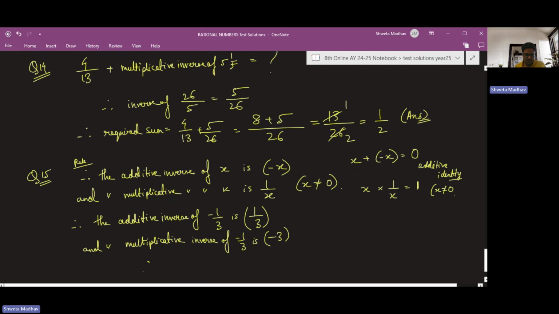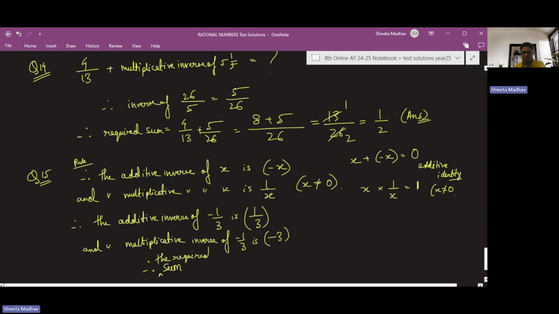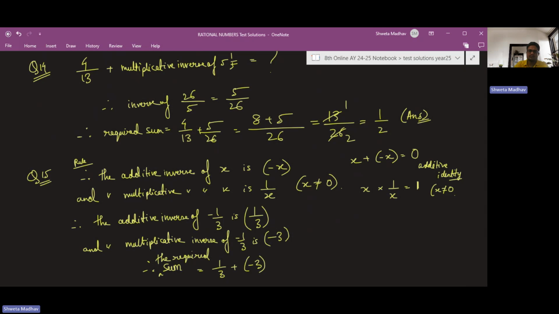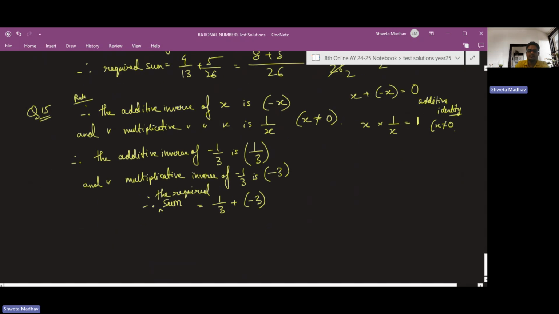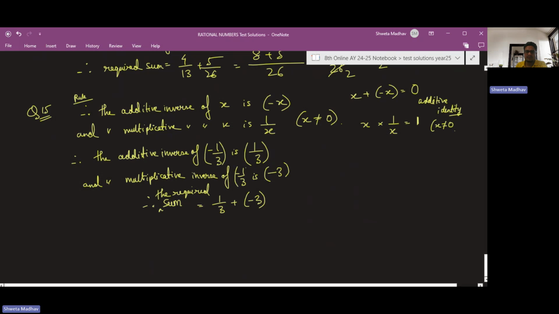Okay, so therefore we need the sum of these two. So the required sum will be equal to 1 by 3 plus minus 3. So these two we have to add: the additive inverse of minus 1 by 3 and the multiplicative inverse of minus 1 by 3.